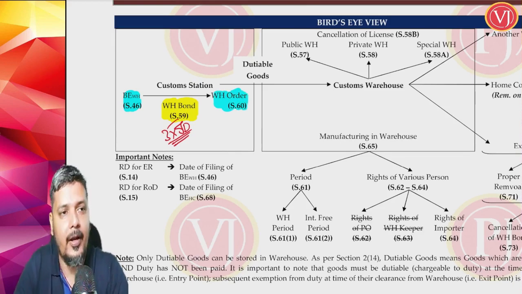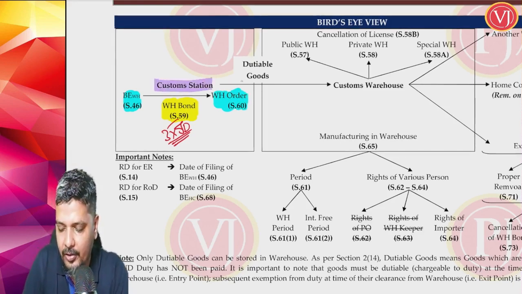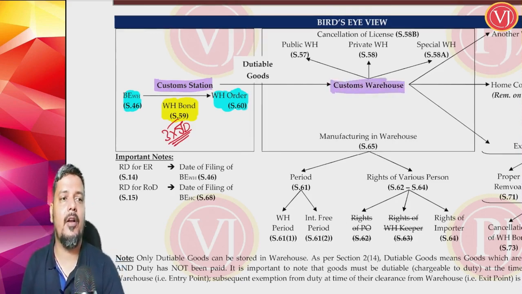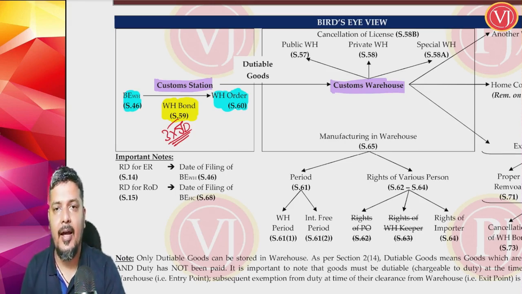The moment you get that order, you will take your goods from customs station to customs warehouse. So importer will file bill of entry for warehousing, section 46. Give a bond, warehousing bond 3 times the amount of import duty, section 59. And officer will give you warehousing order, section 60, from where the goods are going to go from your customs station to customs warehouse.